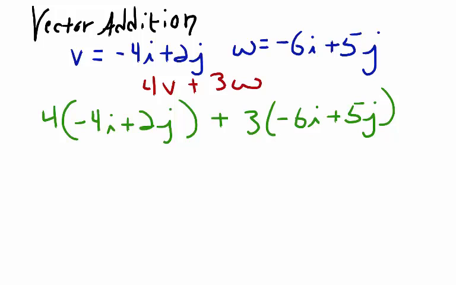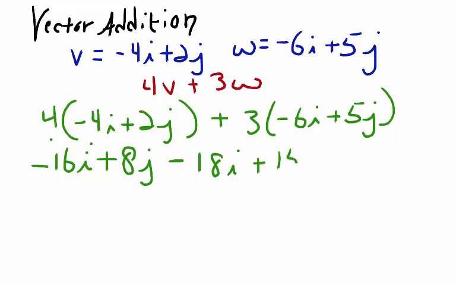This gives us 4 times negative 4i, which is negative 16i, plus 4 times 2j, which is 8j. Then we have 3 times negative 6i, so it's negative 18i, and 3 times 5j, that's plus 15j.